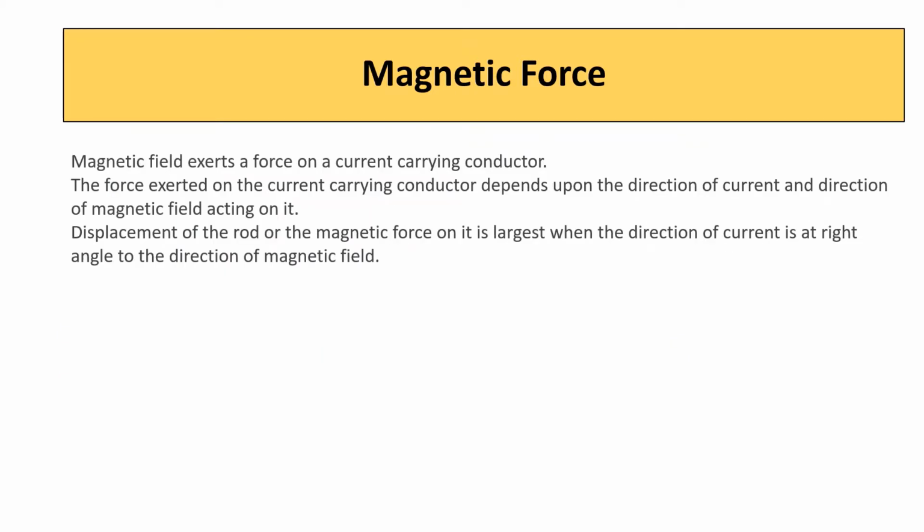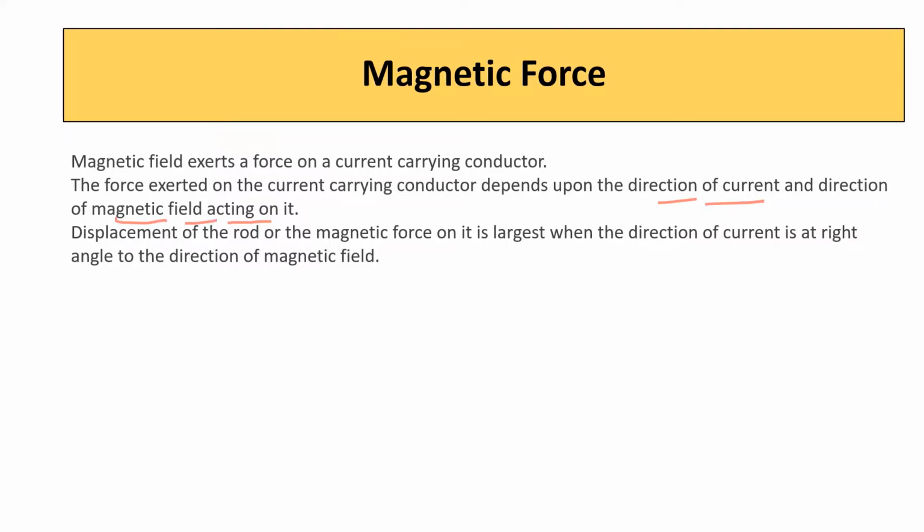We understood that the magnetic field exerts a force on a current carrying conductor. The force exerted on the current carrying conductor depends upon the direction of current and the direction of the magnetic field acting on it.